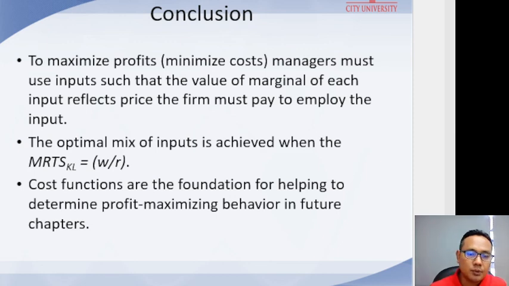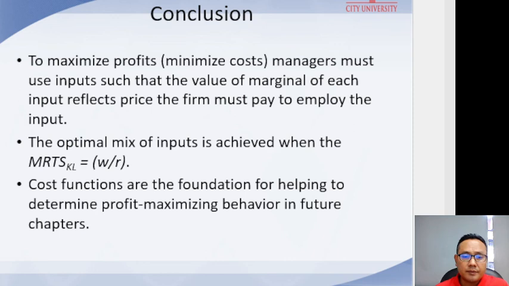So we broke down the cost function into average total cost, average fixed cost, average variable cost, and marginal cost. This concept helps build a foundation for understanding the profit maximizing input and output decisions that will be covered in greater detail in later chapters.